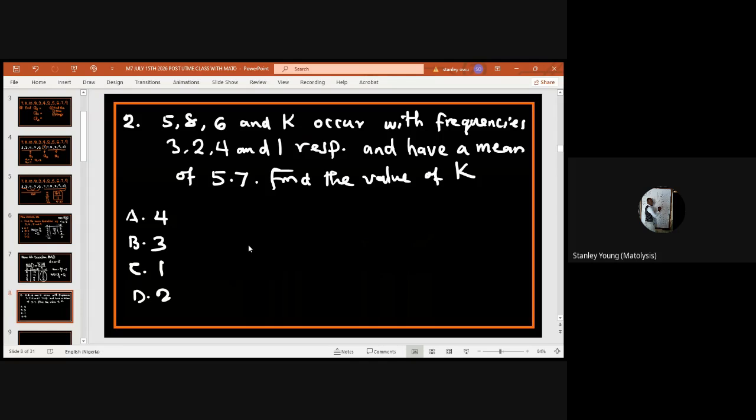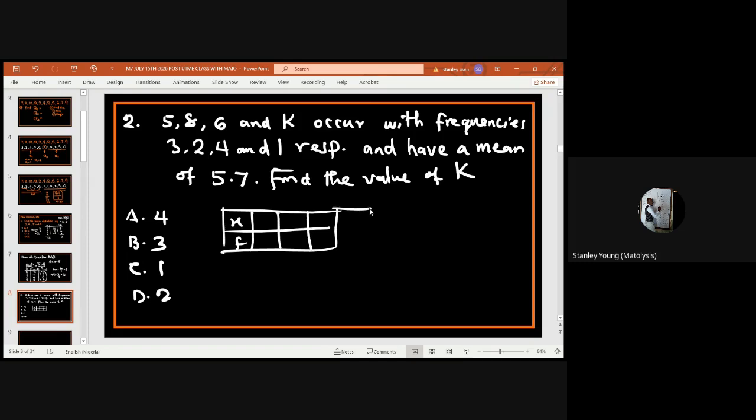So would you like to try? The question gave you information with their frequency and wants you to find the value of K. To make it clearer, I can quickly draw X and F. They gave you 4 different numbers, and the question wants you to get the value of K. The numbers they gave you are 5, 8, 6, and K. And the corresponding frequencies are 3, 2, 4, and 1.